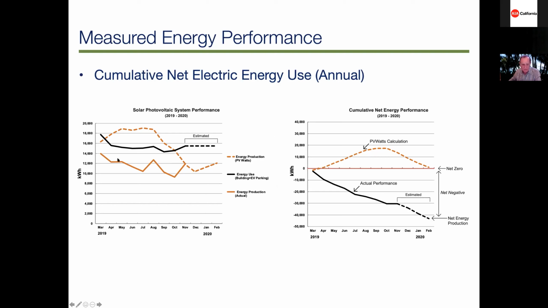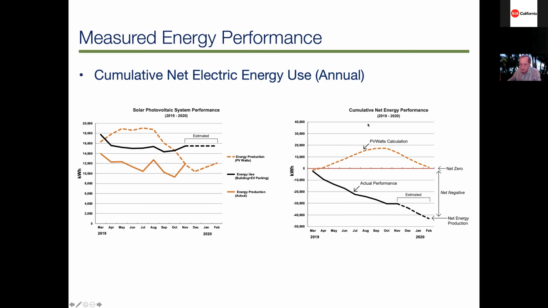So that was the reason for this discrepancy. This was definitely one of the lessons learned. They realized, my God, we have to institute a maintenance program and be real aggressive about it. And then the production will be more like this dash line, and there'll be zero net energy, rather than this, where they were having a subpar performance of the PV system. So this is essentially what they learned in the first year, and it was a big lesson learned.